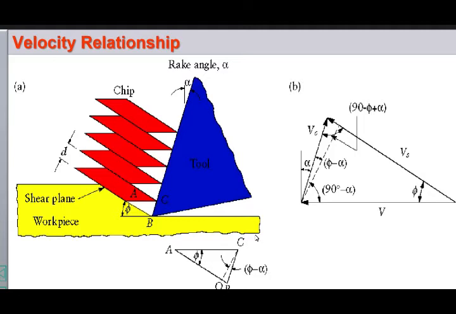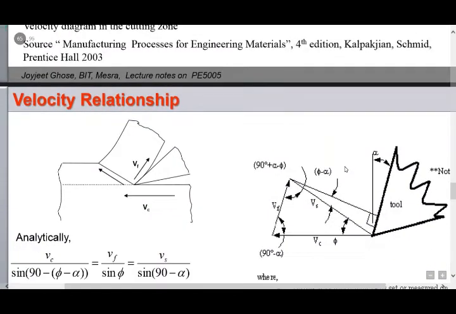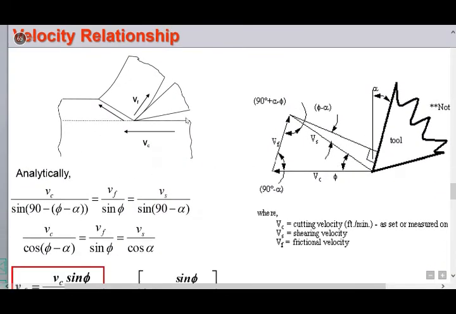Vs means velocity of the displacement of the chip along the shear plane relative to the work, or the velocity of the shear. Here you observe in this diagram the velocity relationships, alpha rake angle, chip and shear angle. Three velocities are there: Vc, Vf and Vs. Vc is equal to velocity of tool relative to work, or the cutting velocity.